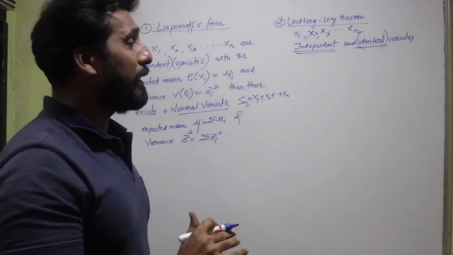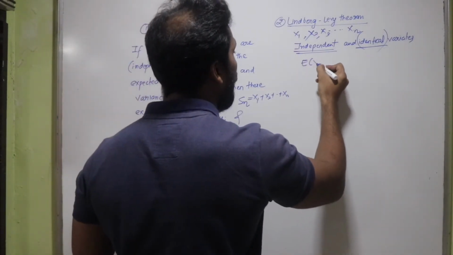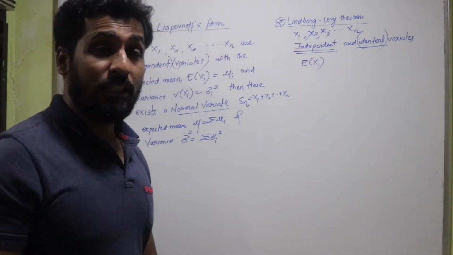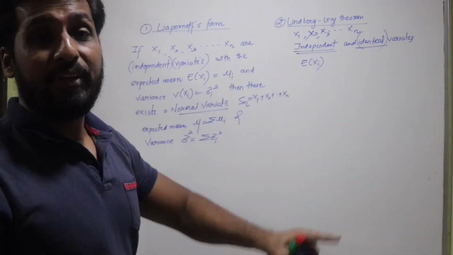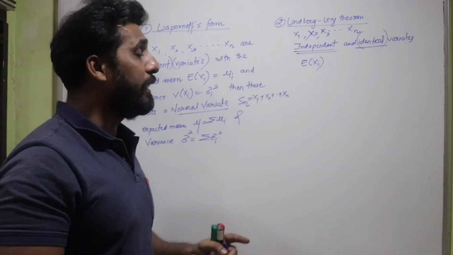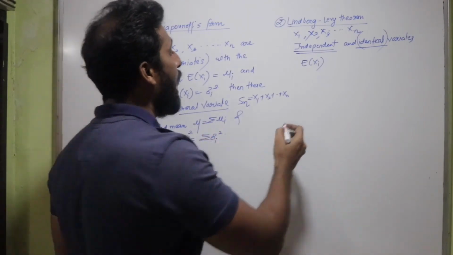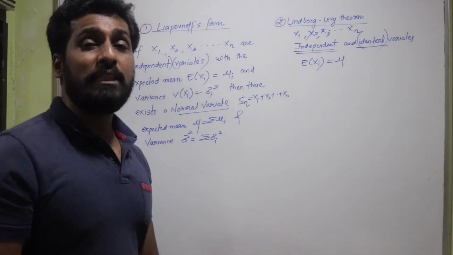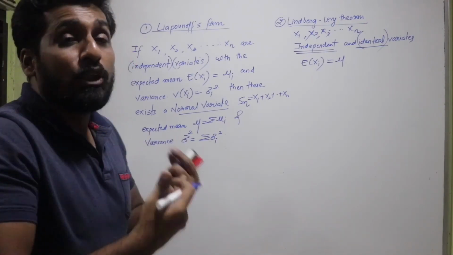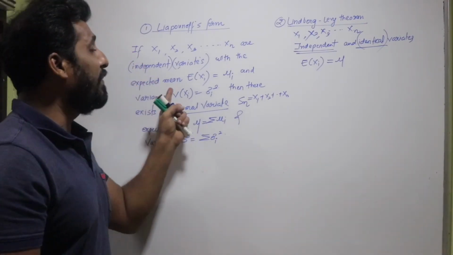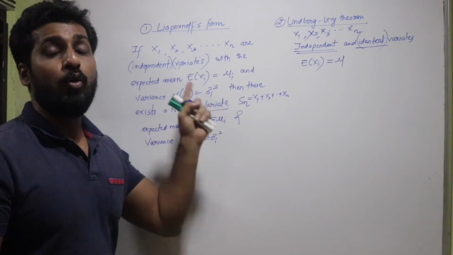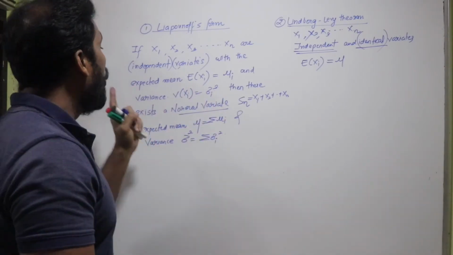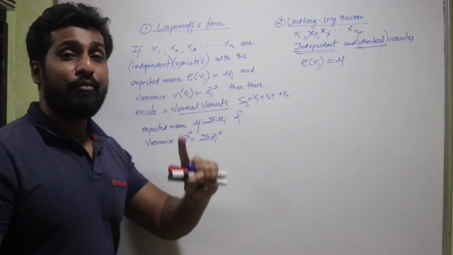Again there will be an expected value. Here E of xi is going to be mu, since all the variates have the exact same probability. I'm going to take the expected value as mu instead of mu i. In the previous case, every time the expected value mu i was different, and the variance V of xi was different, sigma i square.